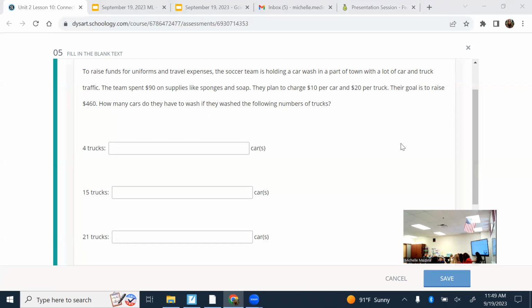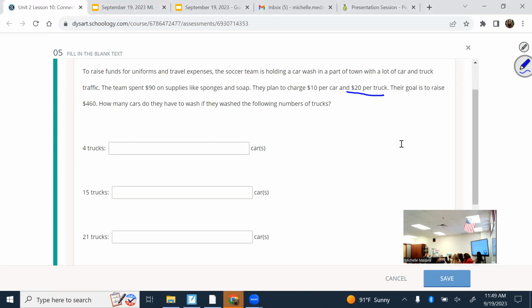I've seen a lot of students do some scratch work math for each one. Really, if you made an equation, it would probably make your life easier. But let's just move through it. If they are washing 4 trucks, how much money are they making from that? It's $20 per truck.